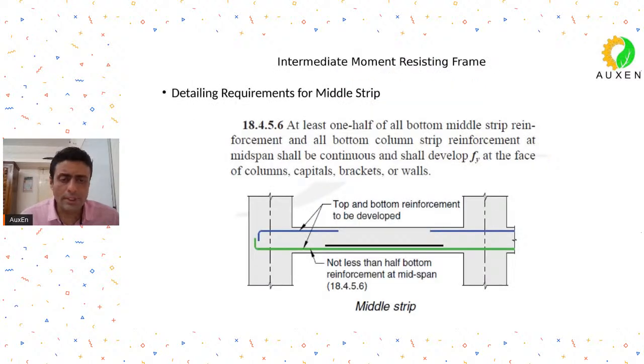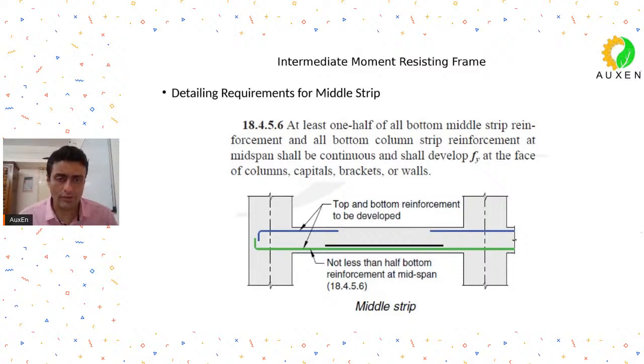For the middle strip, it's simple, because middle strips as such are not going to take a lot of part in lateral load transfer. They will just act as a diaphragm system to transfer their loads to the column strips, and from column strips the action will be transferred to columns. So for middle strips, you just have to maintain some simple reinforcement criteria.